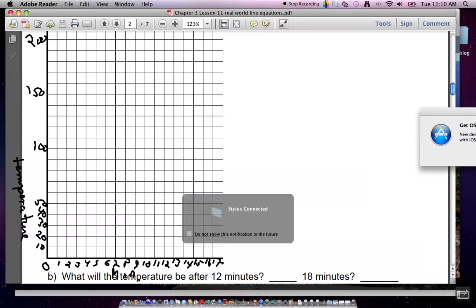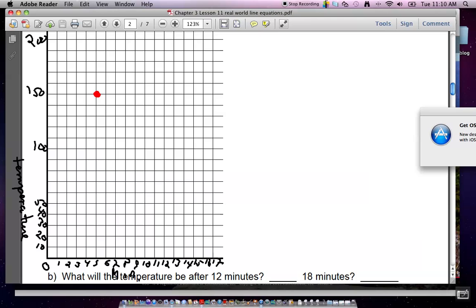Okay, now, the next thing that we have to realize is that we have to start marking our graph. Didn't it say at 5 minutes you're at 150 degrees? Right? So let's take our pens and find the point where 5 minutes is 150. There it is. Make that mark. Now remember, what did we say before a constant rate means?